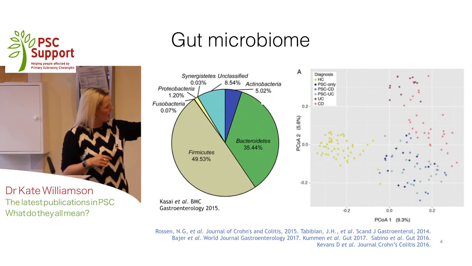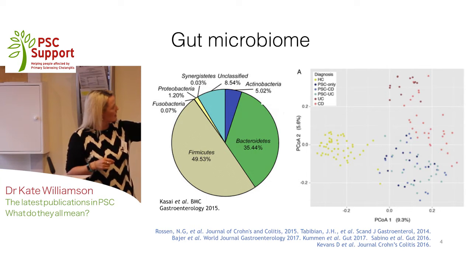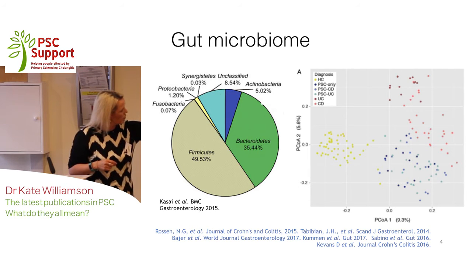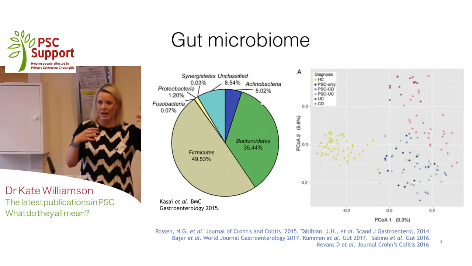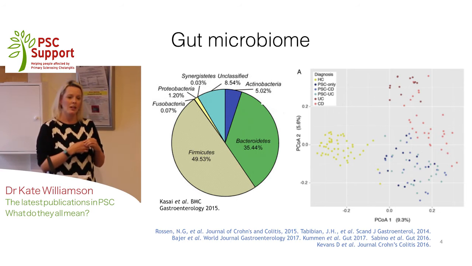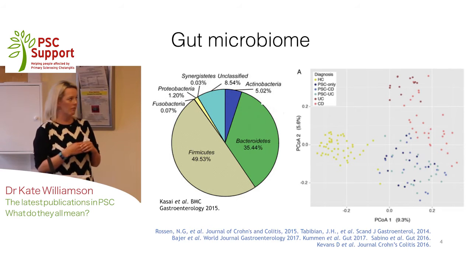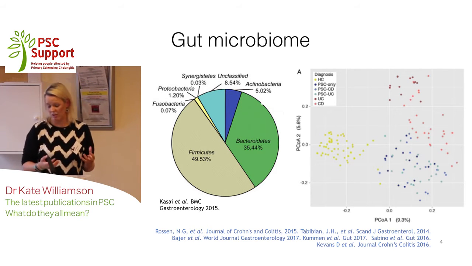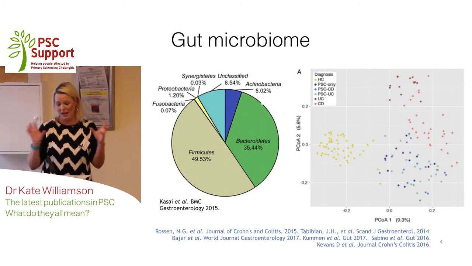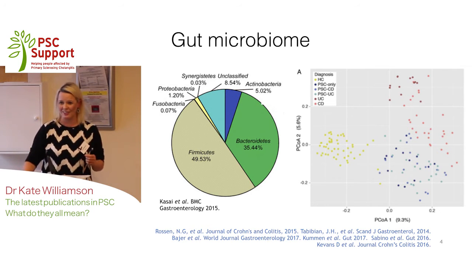So in yellow are healthy controls, and in the blue and kind of turquoise are the PSC patients, and in the red are the Crohn's and UC only. And you can see how they've all separated out, much like Dr. Chapman's one. And then you can go in and drill down and find those differences. So it's extremely fancy statistical software, which I'll be using soon, and I struggle to understand. But the statistics does it for you, and you can see the differences.